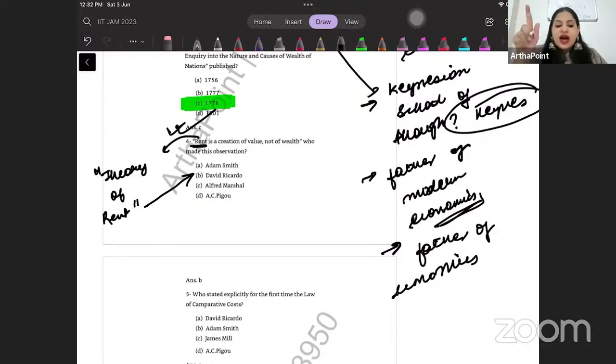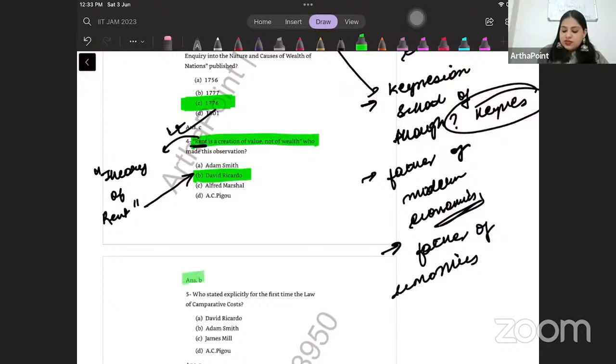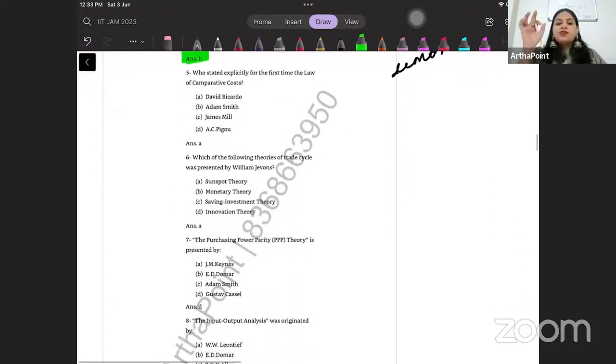So the correct answer to this question is David Ricardo. Answer is B. Keep putting this in your mind, sink it in your mind. दोबारा रिवाइज करने का टाइम नहीं मिलेगा, इसको दिमाग में अभी ही डाल लो. Okay, beta. Come to the next question.